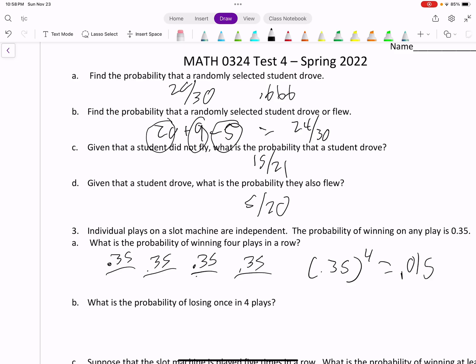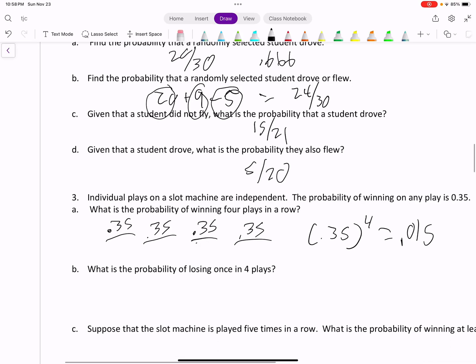Okay. What is the probability of losing once in 4 plays? The probability of losing once in 4 plays is 1 minus the probability of, oh wait, no, let's not use the complement rule on this. So probability of losing once in 4 plays.